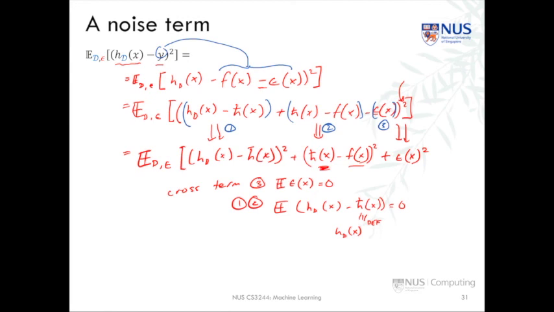So the expectation of this is going to be the same as this. These two are going to be equivalent, and then we're going to get a 0. Okay, so all of our cross terms drop, and that means what we have here is actually the end game of it. So we have got 3 terms here.